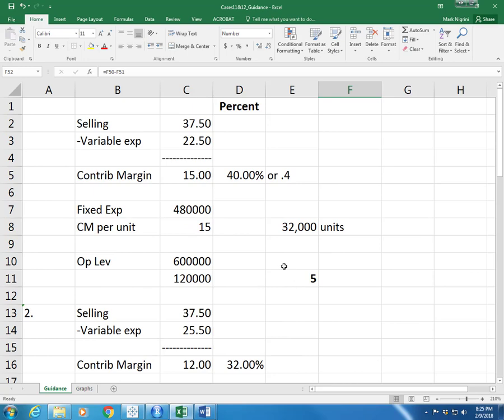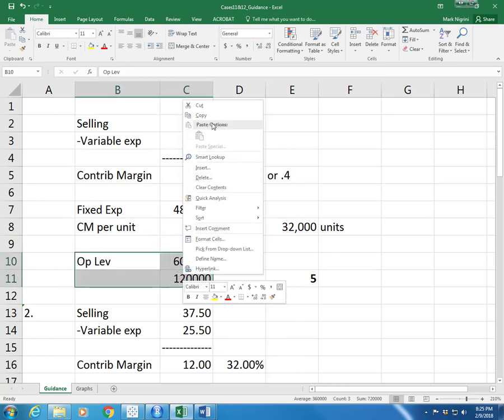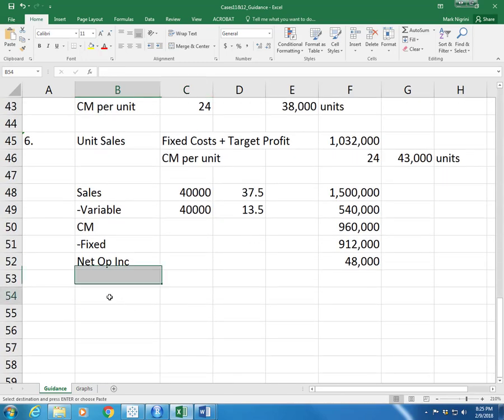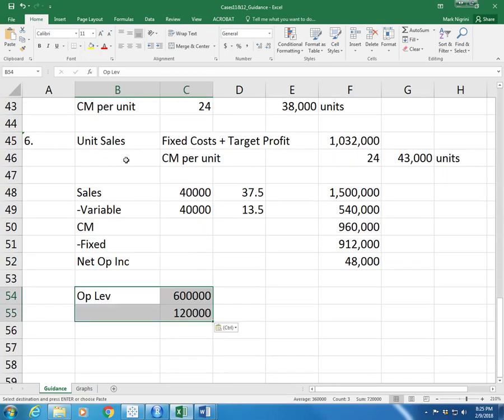Operating leverage, contribution margin, 960. Net income, 48.